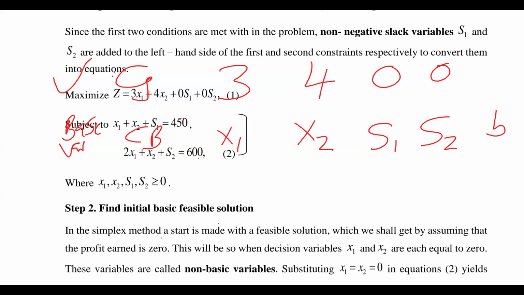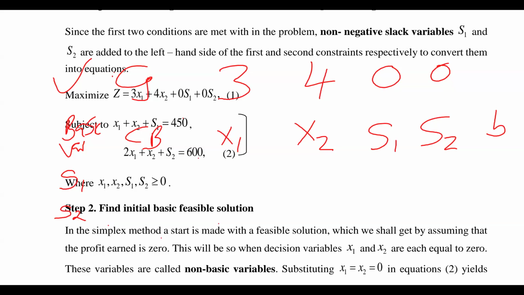So the basic variables that you have in this case are which ones? There is S1 and S2. These are said to be the basic variables. Then what are the coefficients for these basic variables?